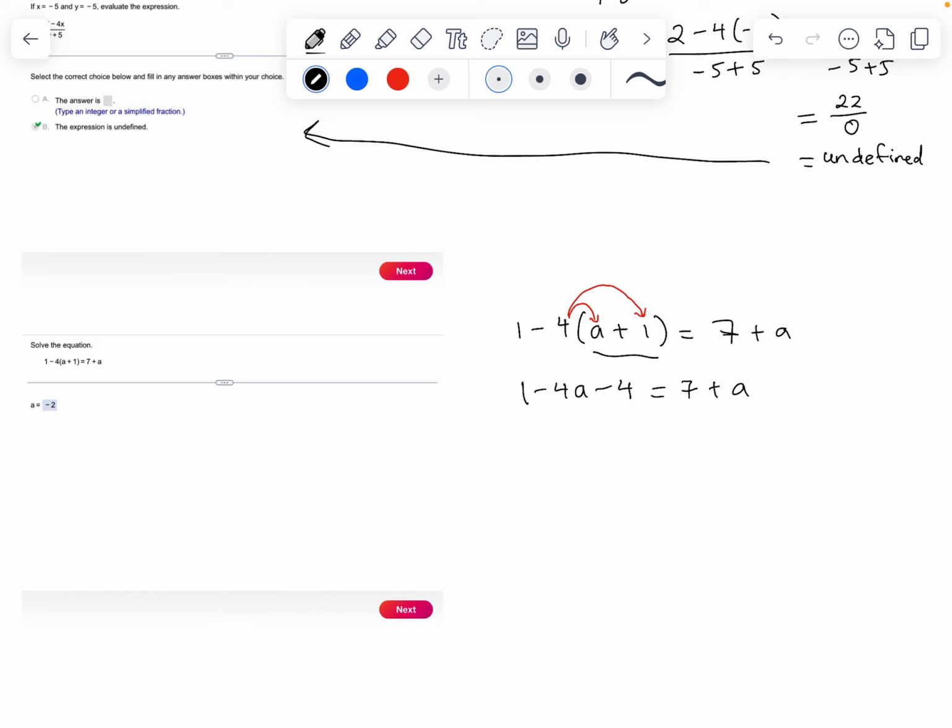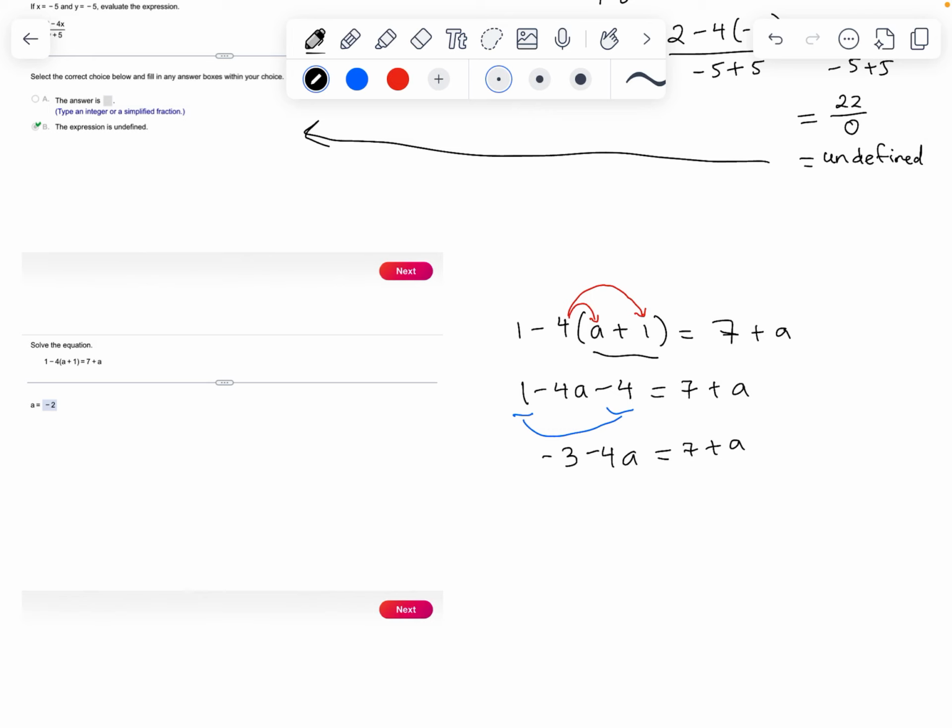So we are going to combine like terms. So we have 1 here minus 4. 1 minus 4 gives negative 3 minus 4a equals 7 plus a.